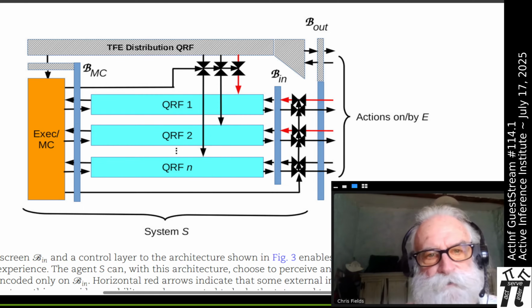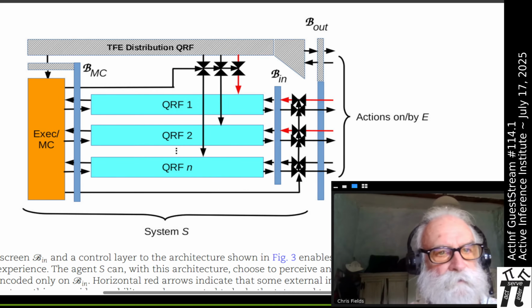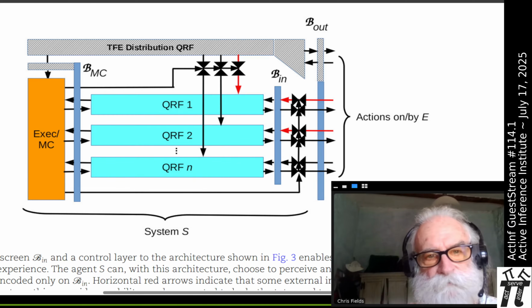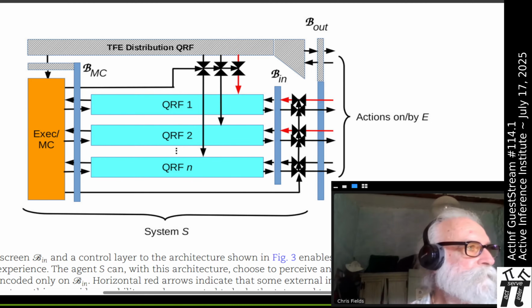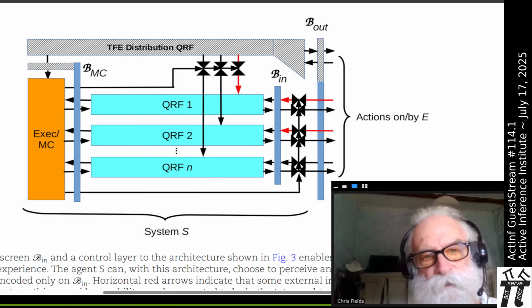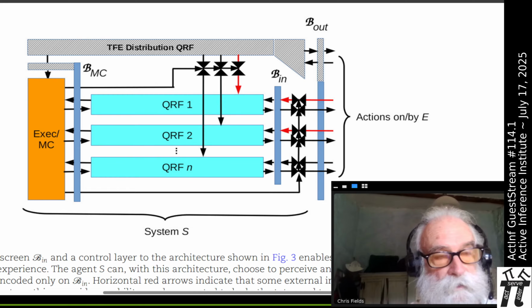So a lot turns on how imagination is implemented. And so it's important for the active inference project to have an implementation of imaginative experience that's fully consistent with all of the other architectural assumptions of active inference.